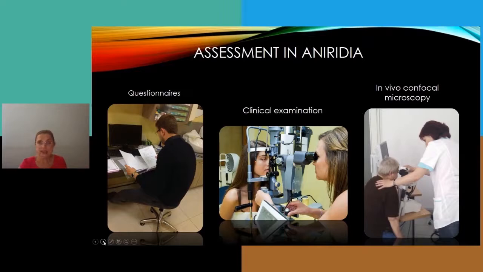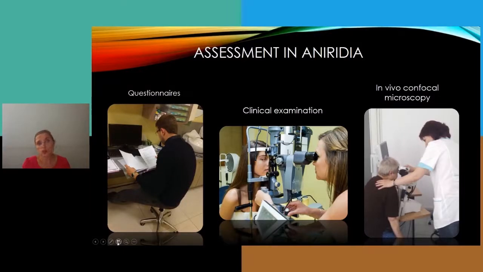So how can we assess patients with aniridia? Well, we have lots of instruments in ophthalmology that we can use, but not all of them are very applicable. The first one I would like to start with is questionnaires. Questionnaires are a very nice way to assess symptoms of our patients and symptomatic presentations of a disease.